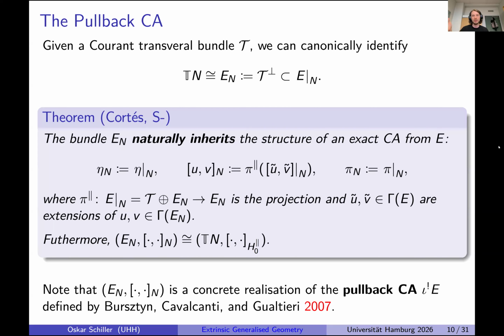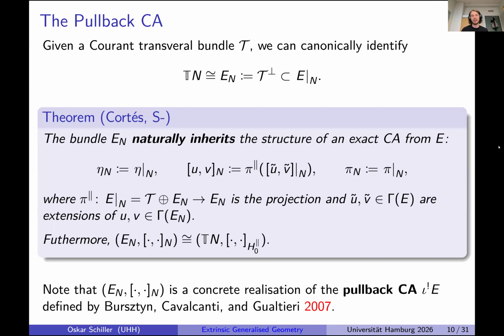Not to be confused with the restriction of E, the generalized tangent bundle over the ambient space, onto the submanifold. And what we show is that this bundle naturally inherits the structure of an exact Courant algebroid from the ambient Courant algebroid. So the inner product is just given by restriction.